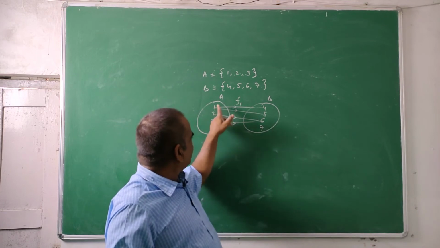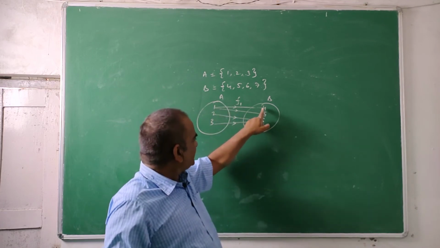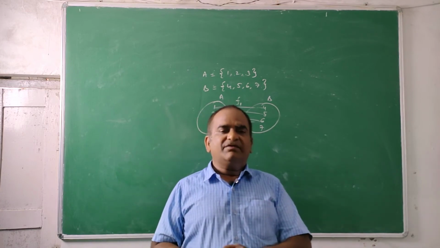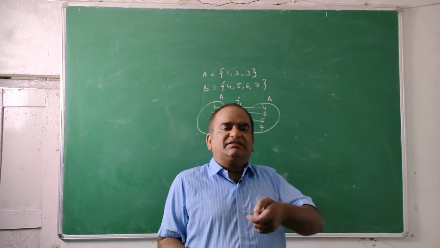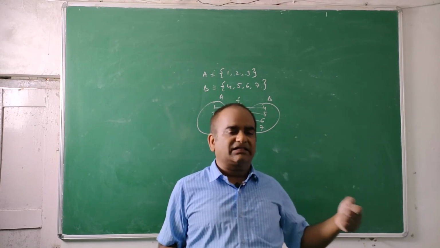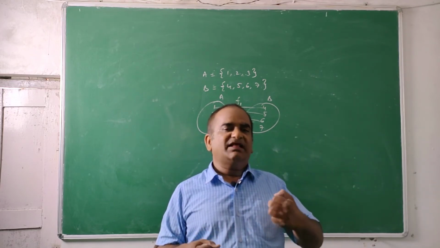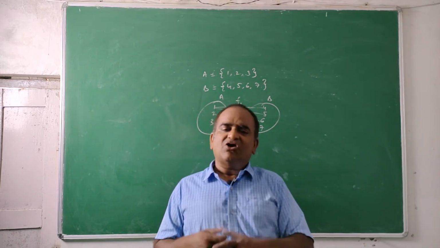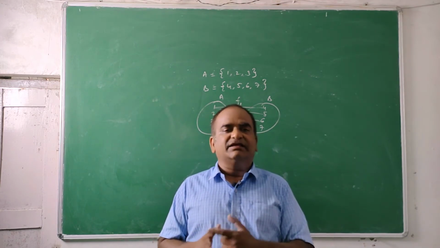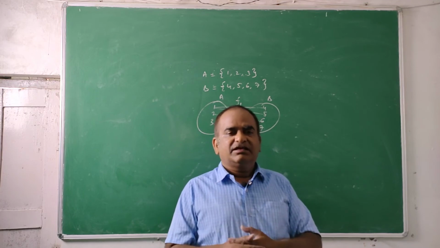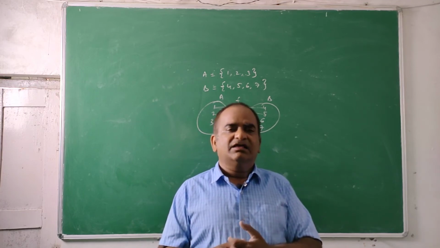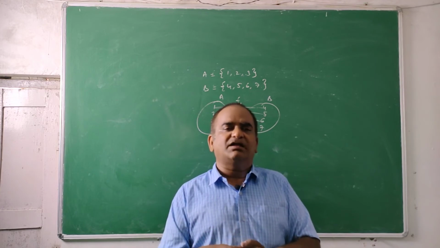Single element of A, which is 1, having two different images. Like one person having two PAN cards. One person having two voter IDs. This is not even acceptable in society. You see, in any place in India, can one person have two PAN cards?